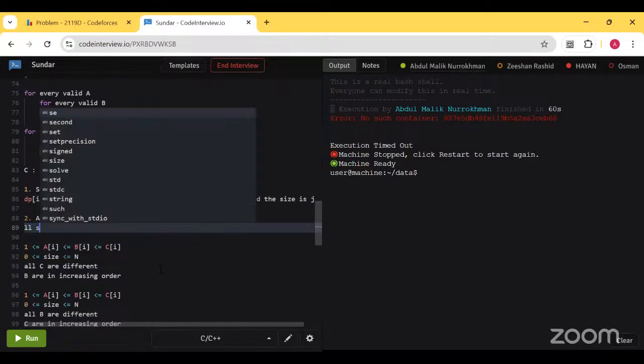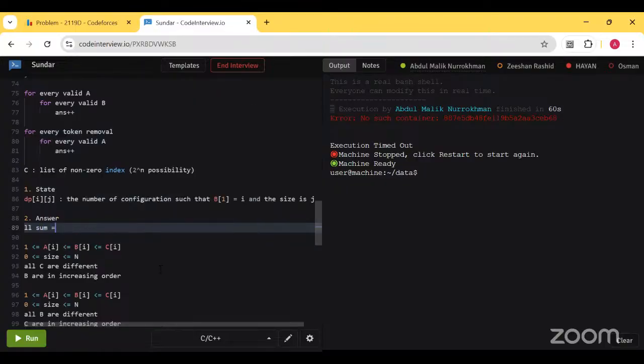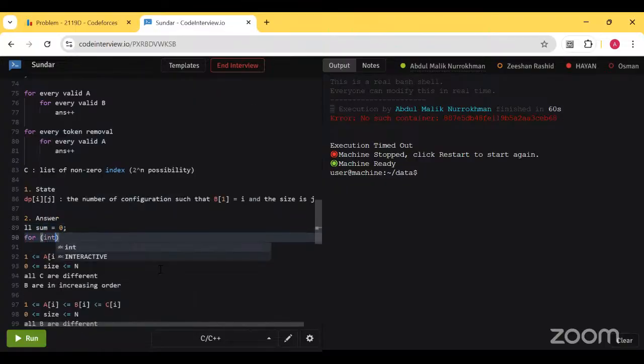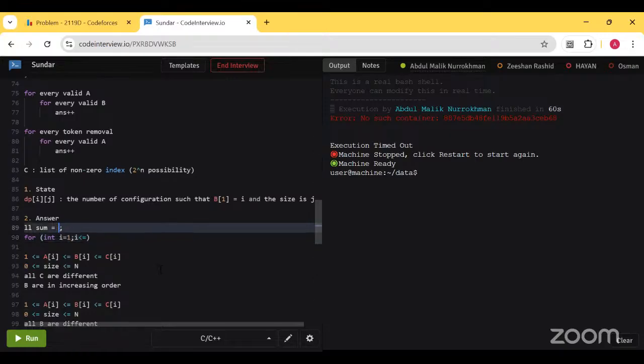Okay, let's say we want to find the sum. I think the empty array is also a valid array, so we need to add 1. Okay.